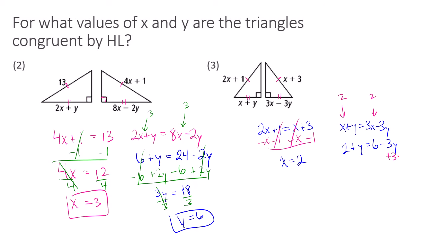And I'll add 3y, subtract 2, and so we'll get 4y equals 4. And we can divide by 4, and we'll get y equals 1. All right, so those are the values of x and y that make the triangles congruent by HL.